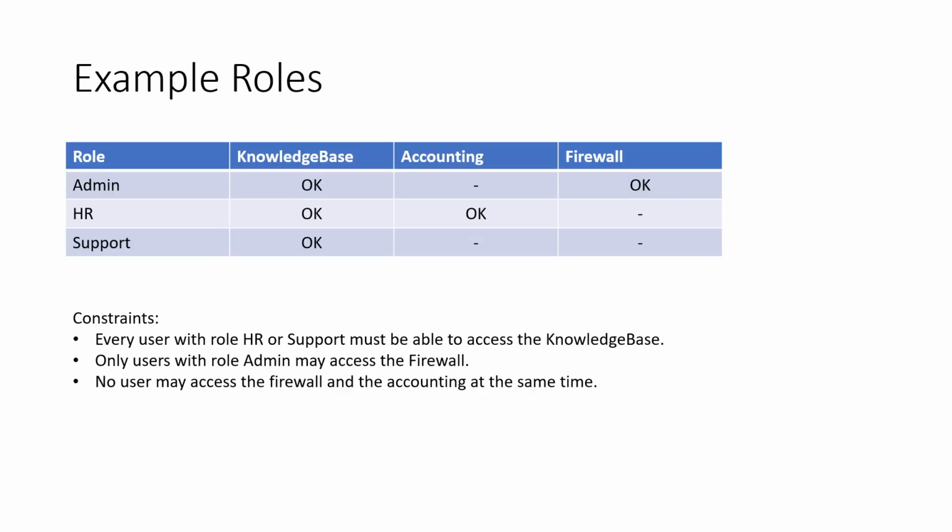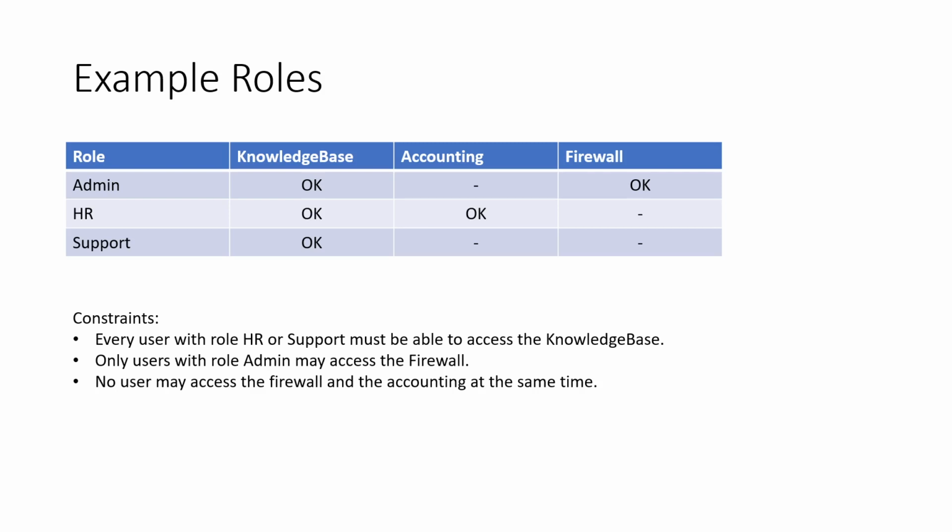So some example might be this. We have a knowledge base resource, we have an accounting resource, we have some firewall resource. So a very, very simplified company. These might be resources that they have in the company. And then we have different roles in the company. Some of the employees are admins, some are from the human resources department, and some are in, I don't know, the support team.